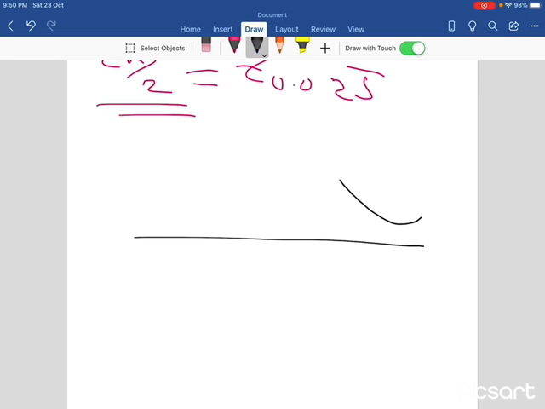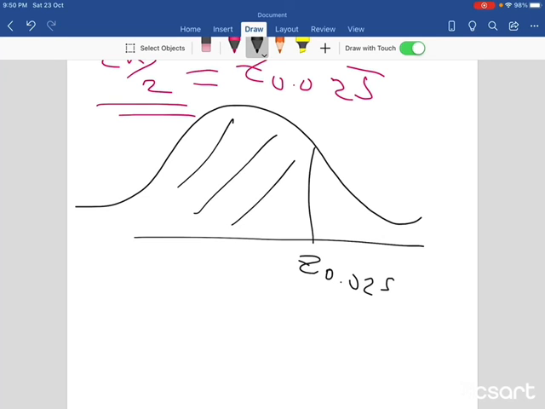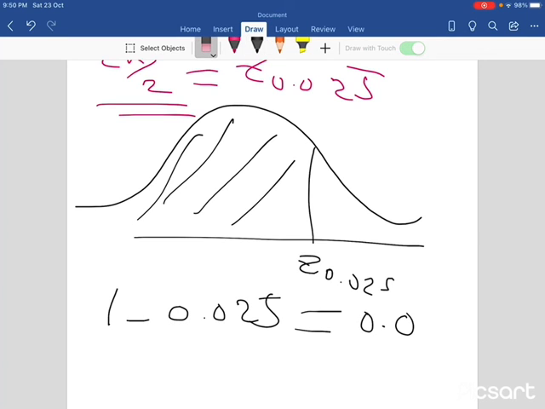You will write here z 0.025. Then it will be 1 minus 0.025, which would be 0.975.